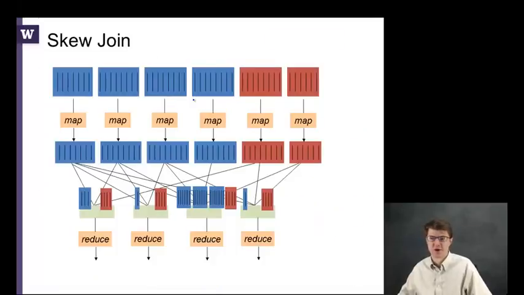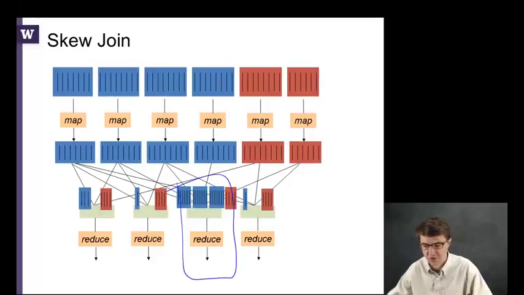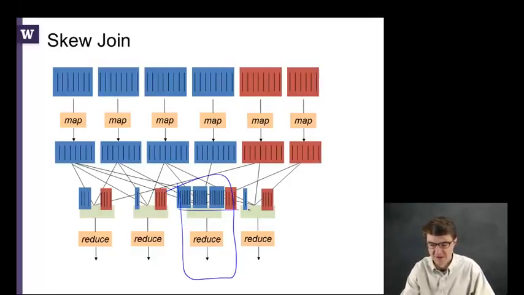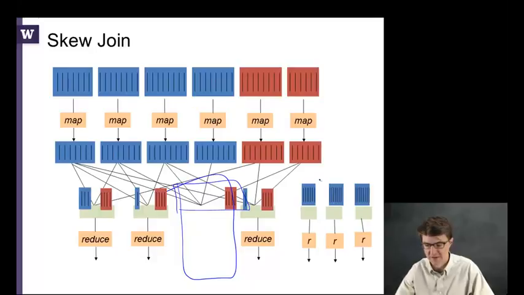All right, so what can we do about this? Here's the situation where we had a lot of keys that all ended up on the same reducer, and this one's taking too long. One thing we can do is split this data up into more reducers. So allocate a few more reduce tasks, move that data over here, and split it into 3 more. Now, broadcast that little red relation.